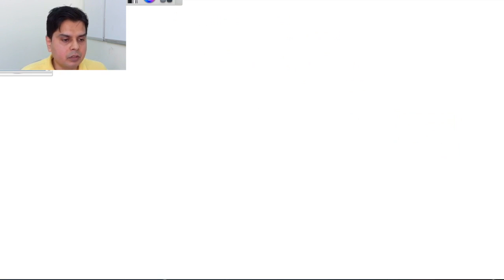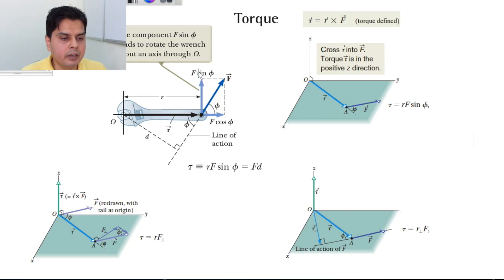So let's see what this torque is in greater detail. This torque is basically the turning effect of force. This is defined as R cross F. Suppose this is a wrench and you have to turn it about this origin. So this is my R. I am applying a force F. So what is happening? This perpendicular component is tending to rotate, because this component F cos phi, if I am applying a force in this direction, then it will not rotate.